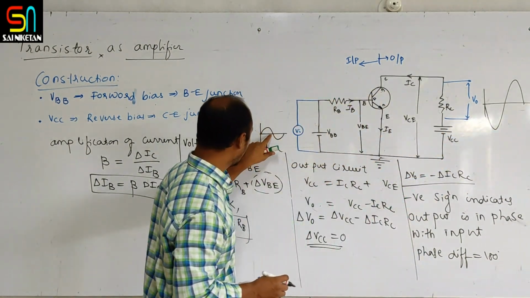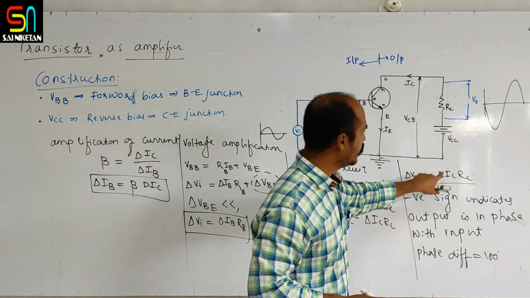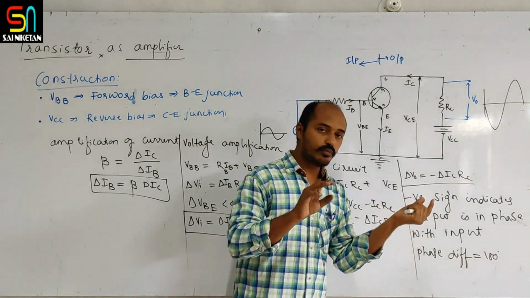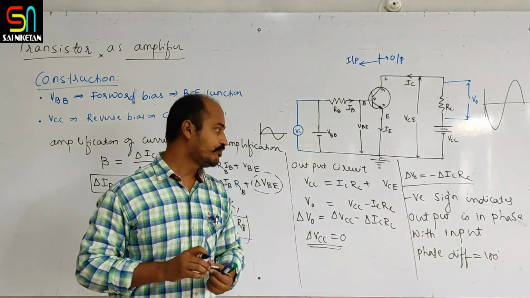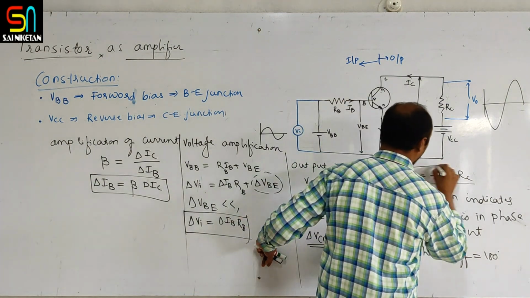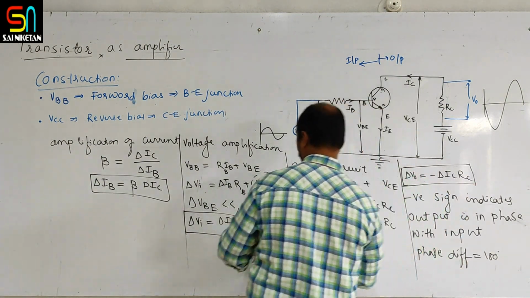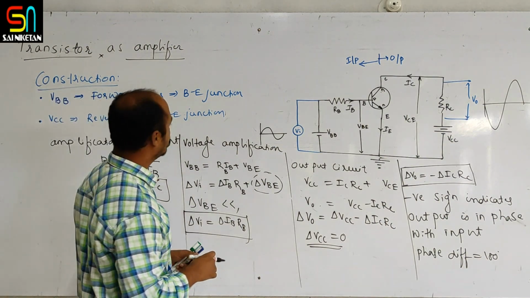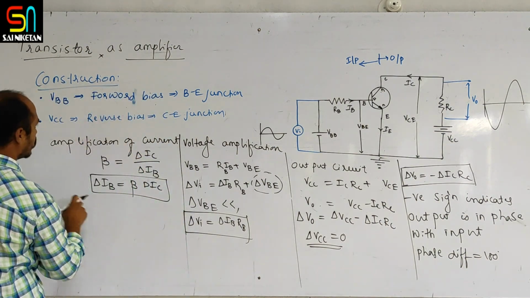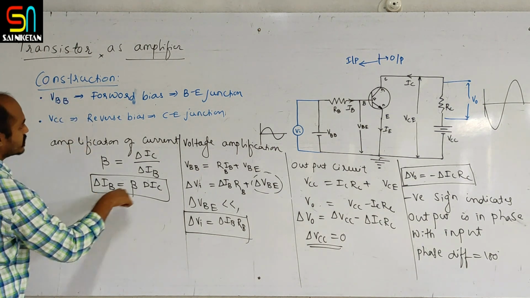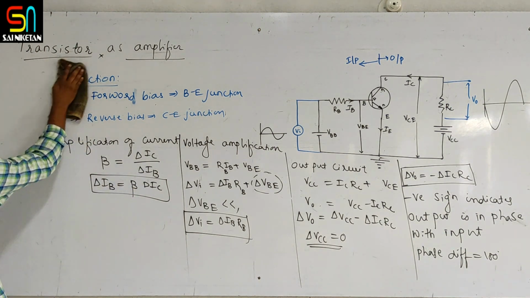Similarly, for the negative cycle of the input, we are getting a positive cycle. So this negative sign indicates the input and output signals are out of phase. So now we have got the output voltage as well as the input voltage. I'll rub this part. Hope you have written this. Hope you have taken down this.